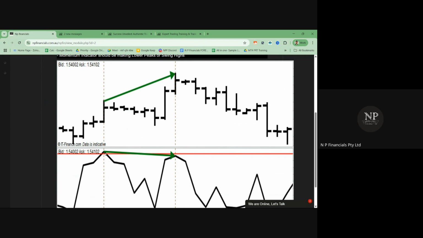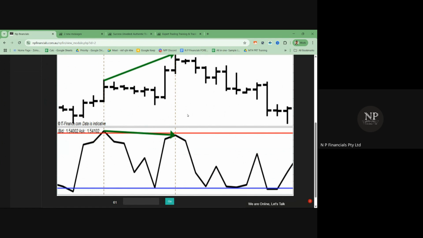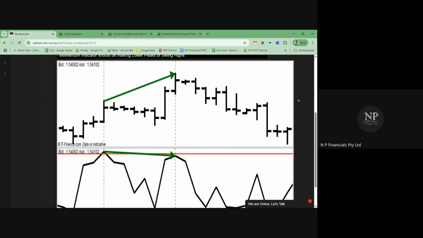The red line is another way to know whether price is overbought or not. In this case, a tentative overbought, the indicator did not touch, and it made a lower swing high. In that case, we consider this a divergence. And most importantly, the close below this should happen, and then that low has to be taken out. That low has to be taken out. This is extremely important for the divergence.